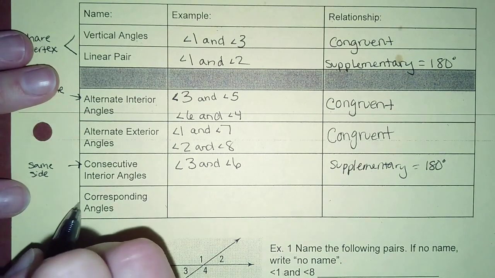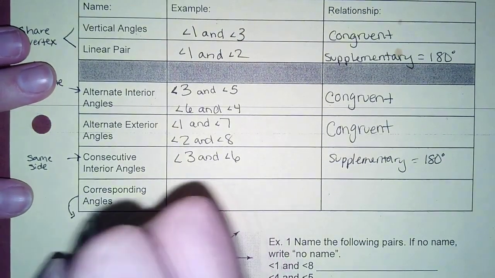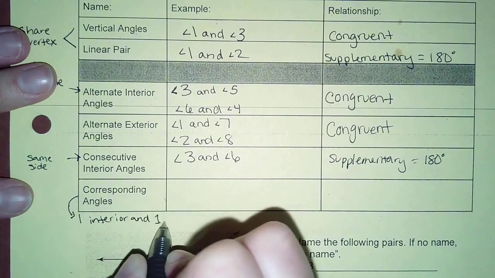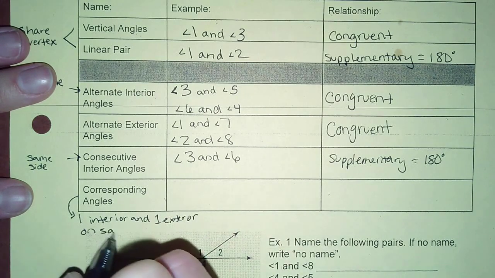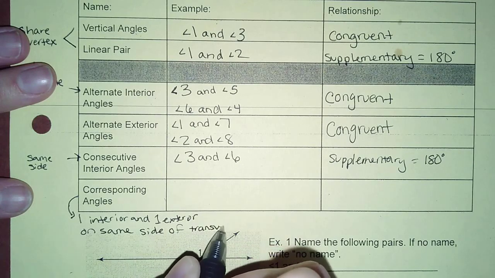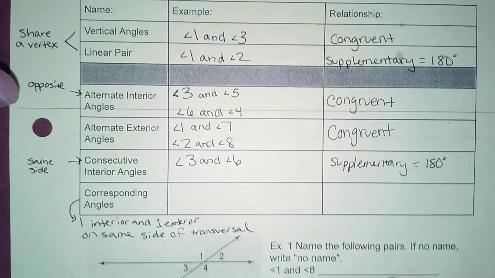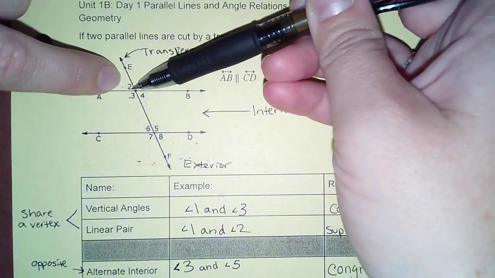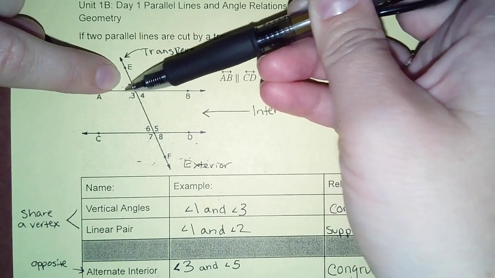Corresponding angles, so this would be like angles that are one interior and one exterior on the same side of the transversal. So if I look at my picture above, okay, angle 2 is on the left side of my transversal, and it's on the exterior.